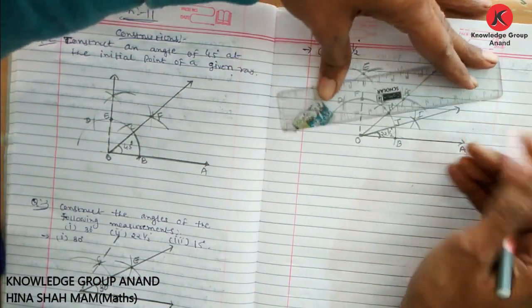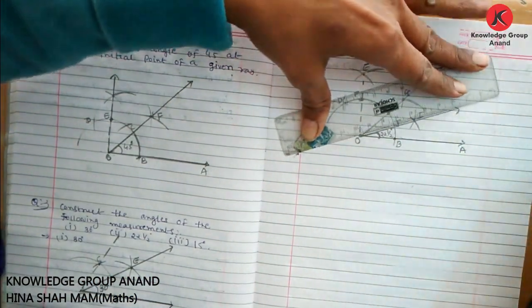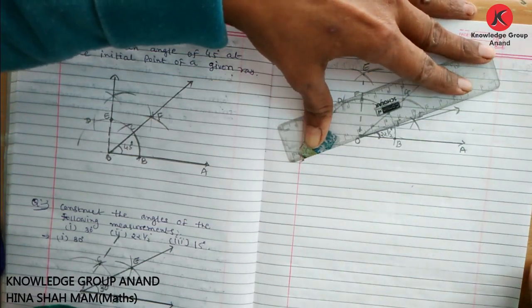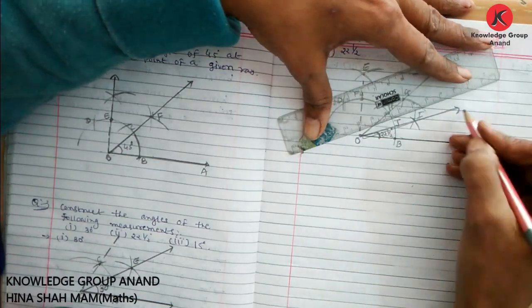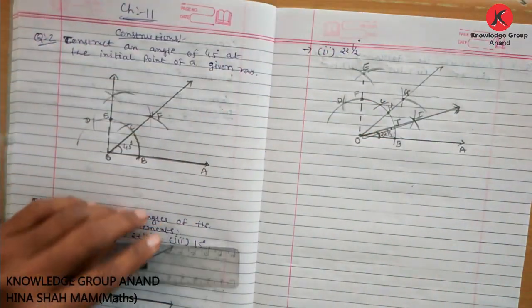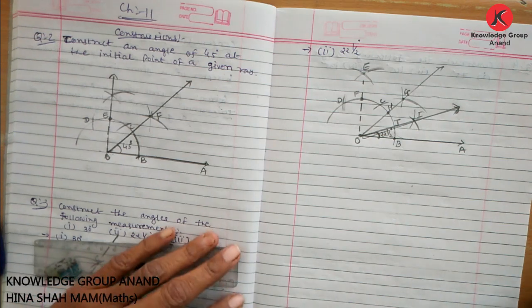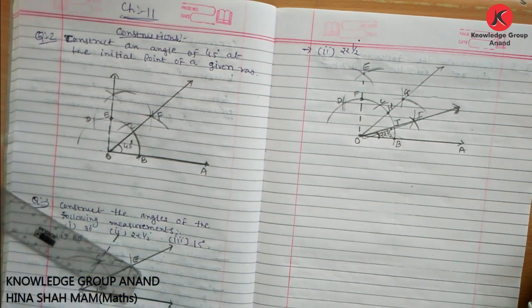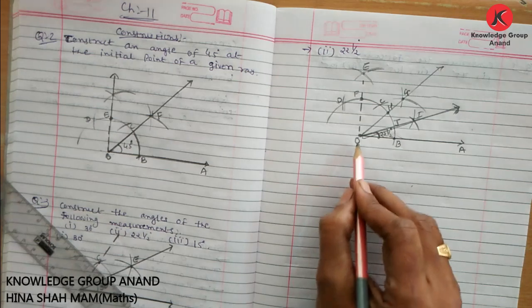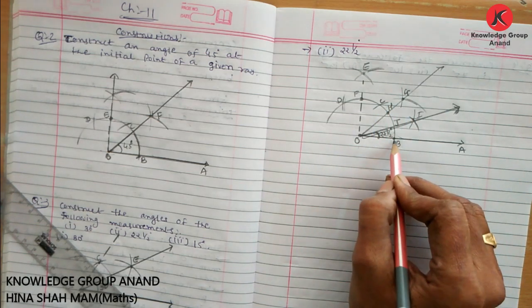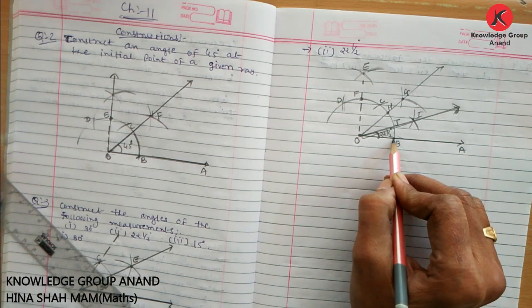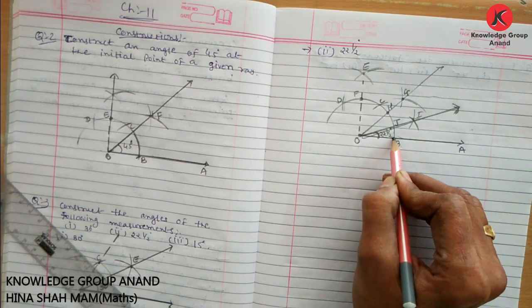Now angle JOB or GOA is 22 and a half degrees. Taking O as center and some radius, draw an arc of a circle which intersects OA at point B. First step.